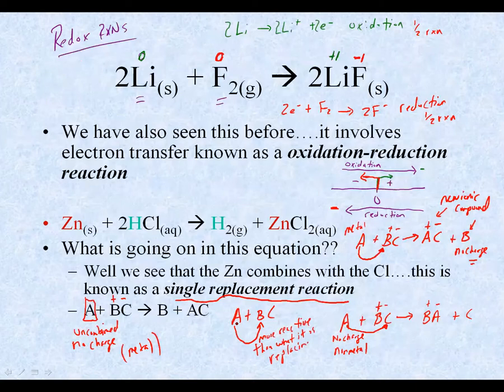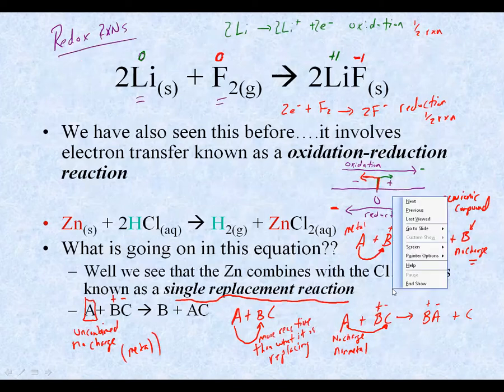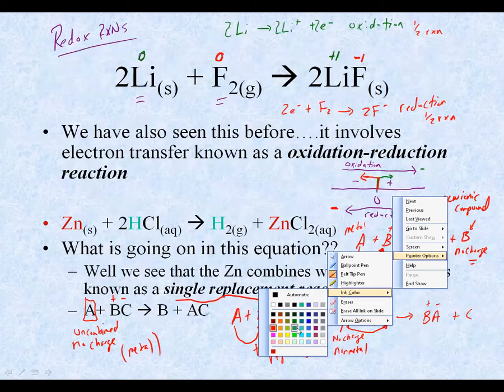So if this reaction did take place, this would mean that A is more reactive than B. If we did this reaction, did not see anything happen, then that would mean A is less reactive than B. So whatever is coming in this type of reaction has to be more reactive than what it's replacing. And if it is not, then the reaction will not take place.